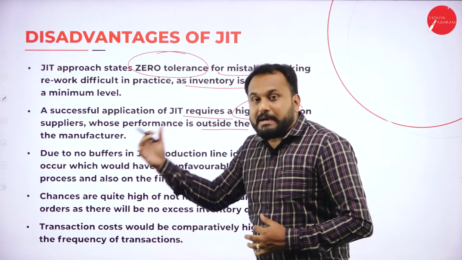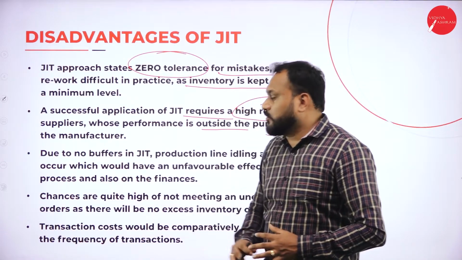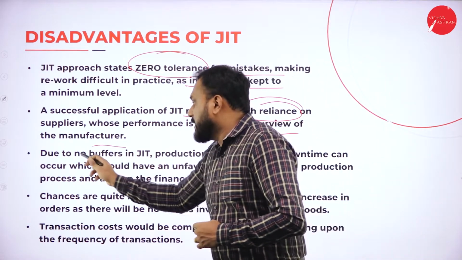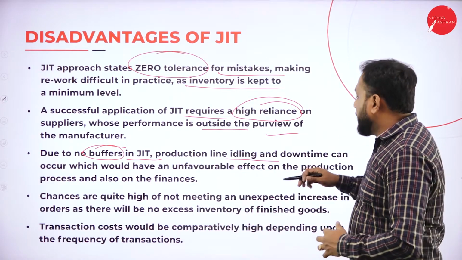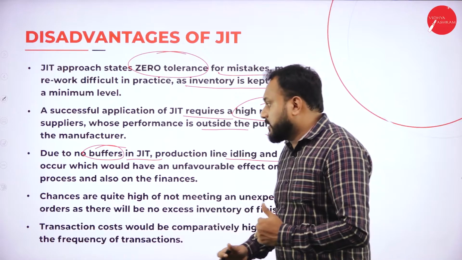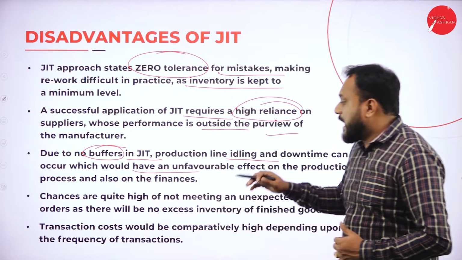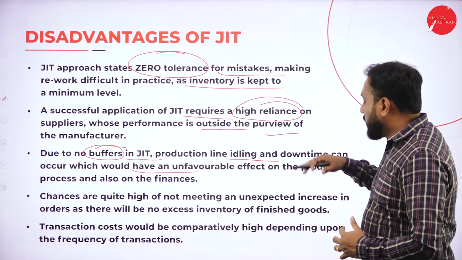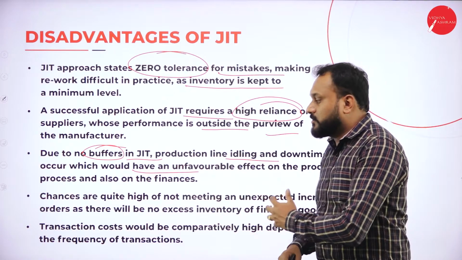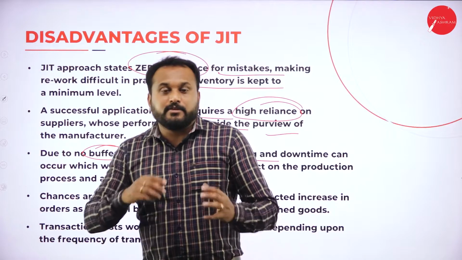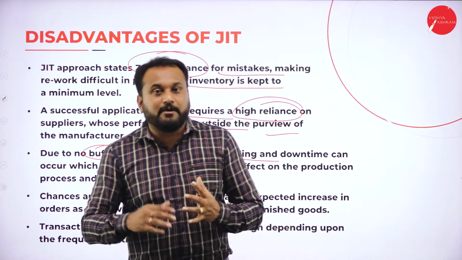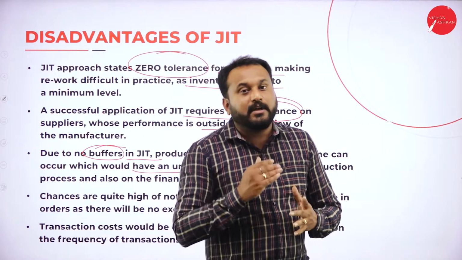A successful application of JIT requires a high reliance on suppliers whose performance is outside the peer review of the manufacturer. Due to no buffers, you should never have buffers in JIT. Production line idling and downtime can occur, which would have an unfavorable effect on the production process and also on the finance. So when you go with JIT, you need to have proper suppliers, proper workers, proper inventory.